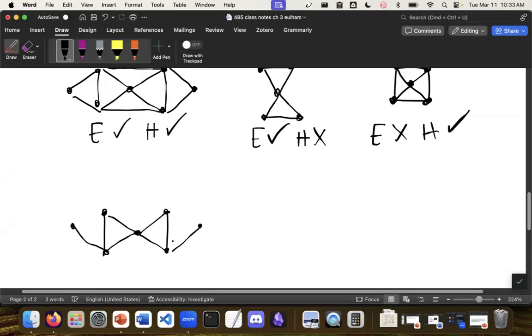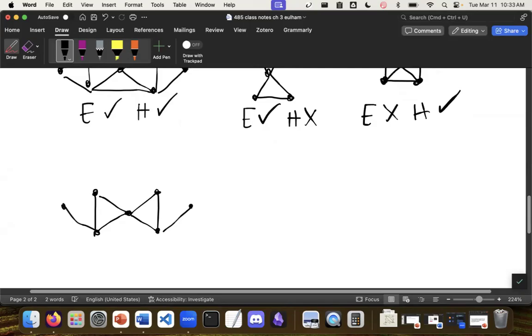Did I get everything? I think so. What about this one? Why not? Just by the structure in the middle, it can't be Hamiltonian.